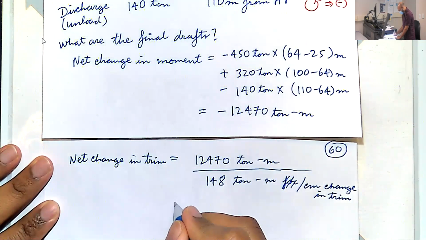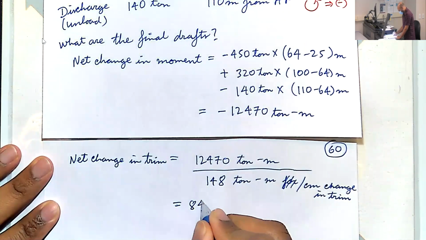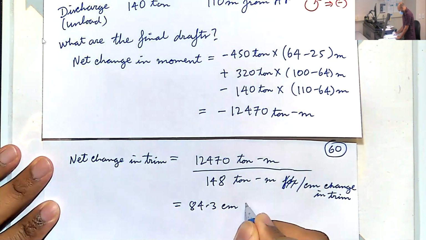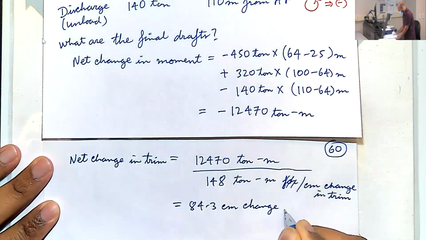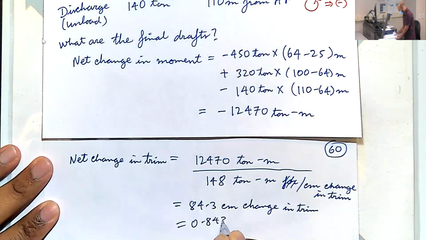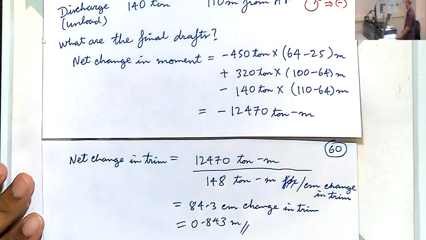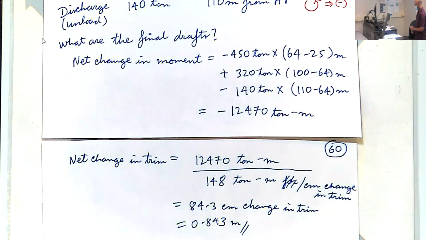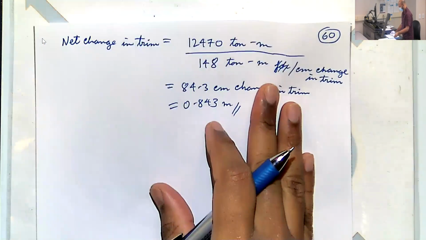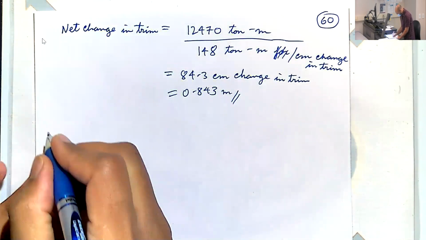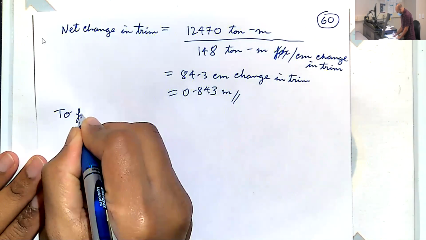When you compute this, you end up with 84.3 centimeter change in trim, or 0.843 meter. Okay, fine. That's the change in trim, but we still don't have the final drafts in the fore and aft positions. So we do the same trigonometry we did earlier. Fine, change in drafts.